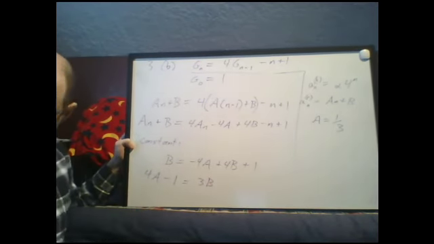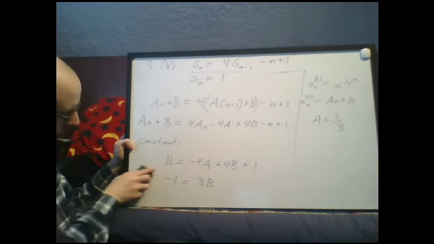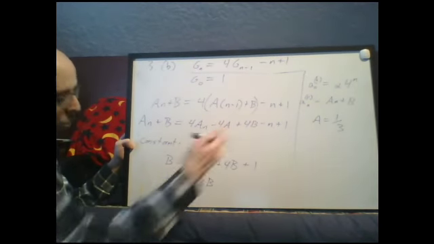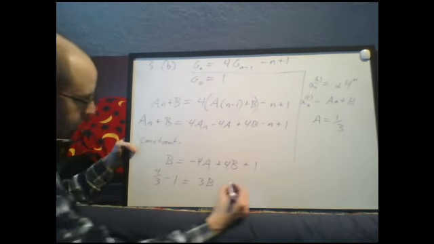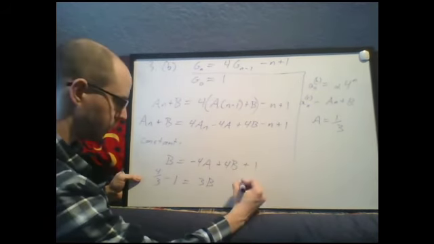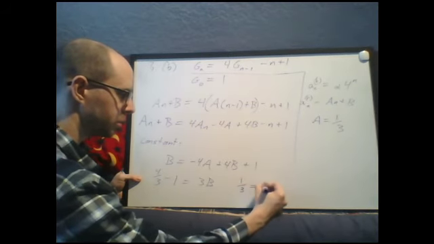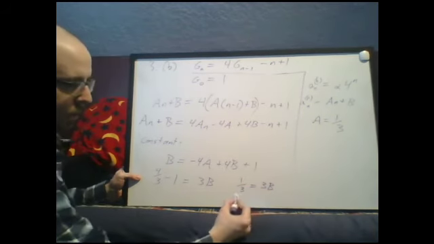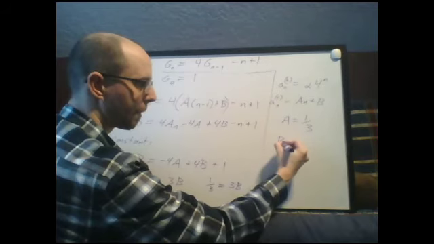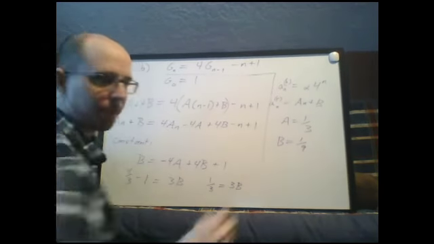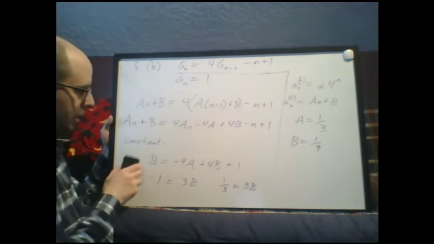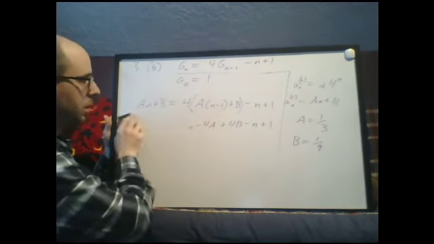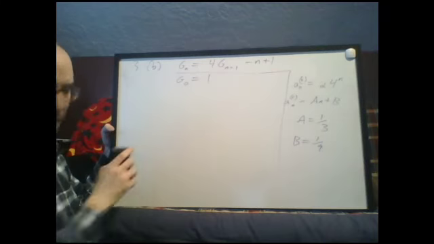Because I know a is 1/3, so 4a is 4/3. That tells me that 4/3 minus 1 is 1/3 equals 3b. So b is equal to 1/9. All right, so almost done.